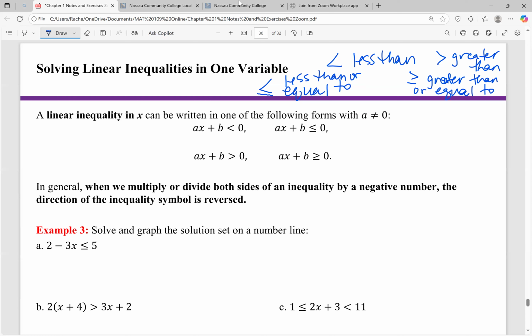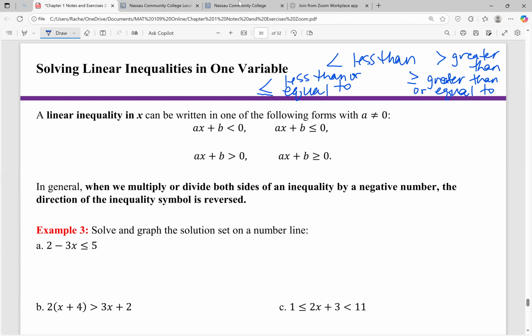So the difference between your four inequalities. Here we have ax plus b is less than 0. Here we would say ax plus b is greater than 0. Here we would say ax plus b is less than or equal to 0. And then here we have ax plus b is greater than or equal to 0.